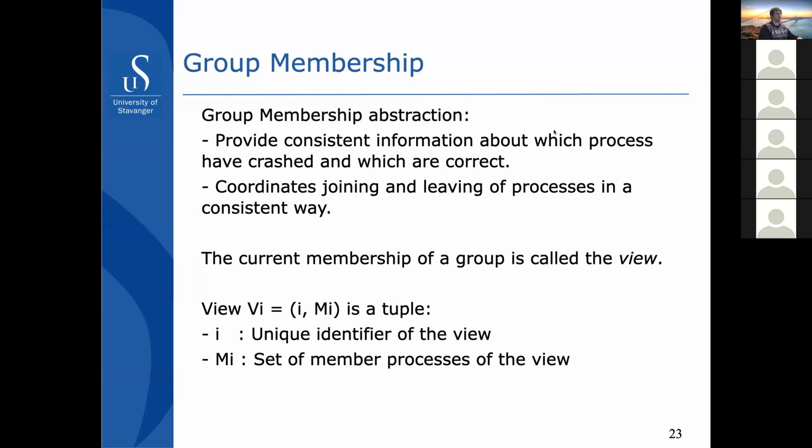So for each view identifier, there is a unique set of members in that particular view, and all the processes agree on who is part of the group. Here we only consider crash failures, not Byzantine failures.